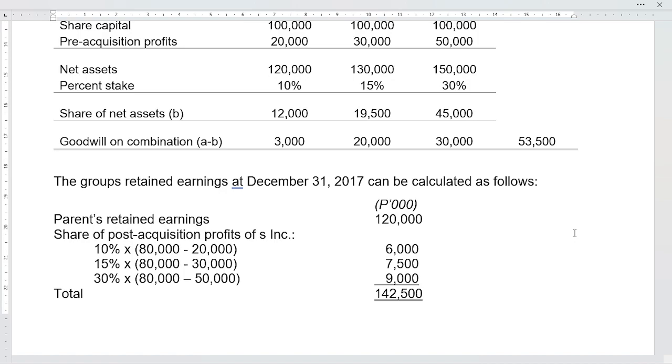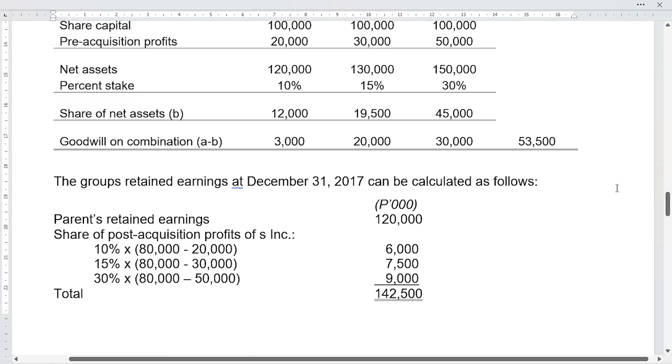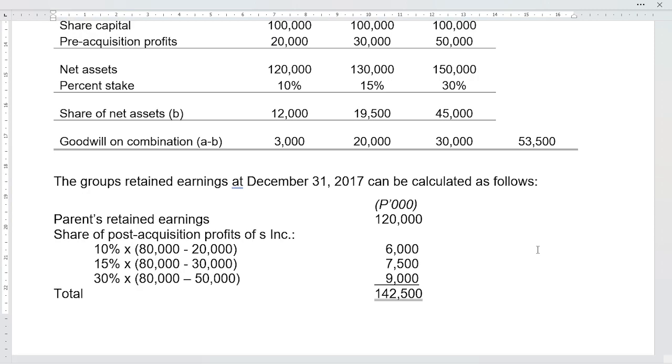Yung doon sa parent is 120,000 plus share in the post-acquisition profits of S. Plus 6,000 plus 7,500 plus 9,000 equals the consolidated retained earnings as of December 31, 2017. The parent's 120,000 plus shares in the post-acquisition profits of S Incorporated. So the total is 142,500.